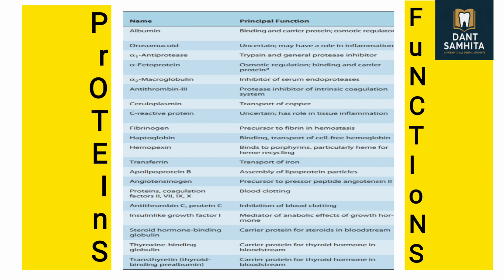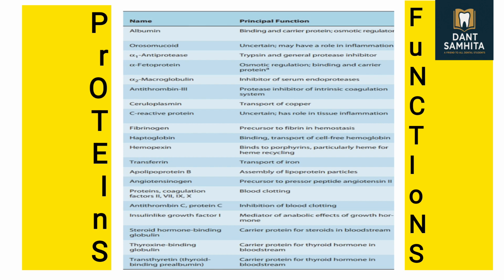Fibrinogen, we all know, helps in hemostasis. Haptoglobin is binding and transport of cell-free hemoglobin. Hemopexin binds porphyrins, particularly heme, for heme recycling. Transferrin is for transport of iron. Apolipoprotein B is for assembly of lipoprotein particles. Angiotensinogen is the precursor to the pressor peptide angiotensin 2.